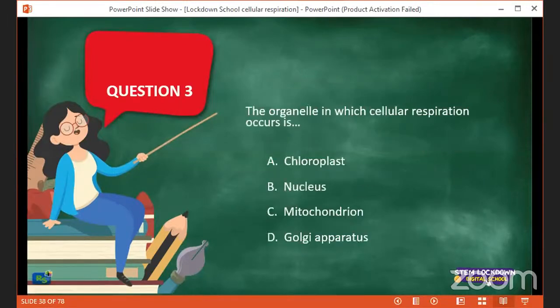Okay, so guys, just to quickly recap and give you a summary of what we dealt with today. We looked at glycolysis, and we said that glycolysis occurs in the cytoplasm outside the mitochondria. Glucose is broken down into 3 carbon molecules known as pyruvic acid or pyruvate. And 2 ATP molecules are produced during glycolysis.